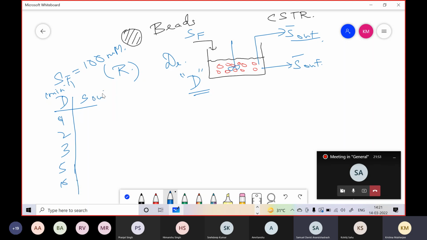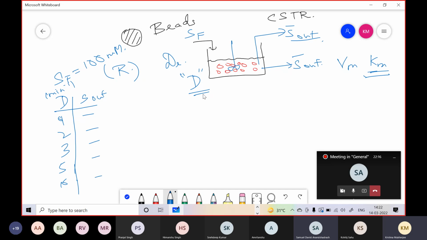What is the S out? Given that we have the same Vmax and the same Km, but this is not Km apparent, remember, this is Km. Same Vmax and same Km as the original enzyme, so the bead has not got spoiled. So what are the steady state values?